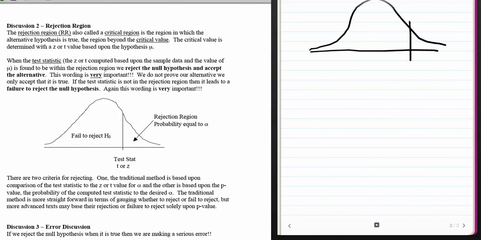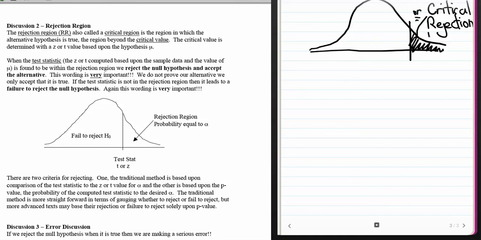And the tail of the test helps us to determine where this region is. So this could be called the critical region, or more often called the rejection region. So critical region or rejection region.